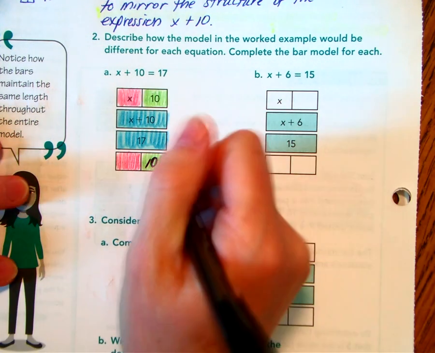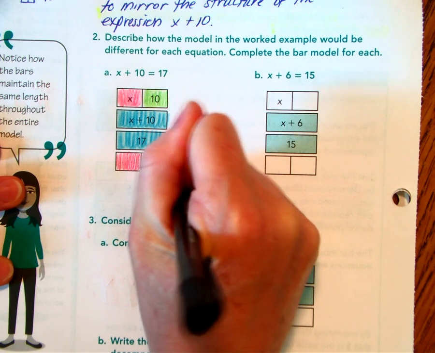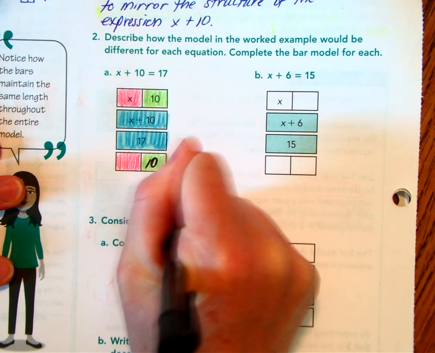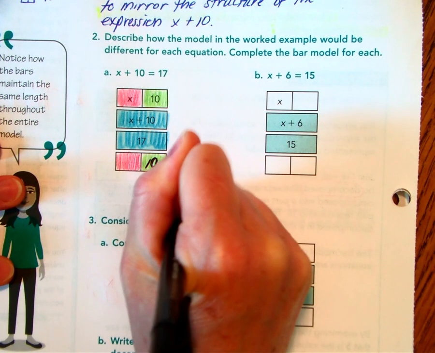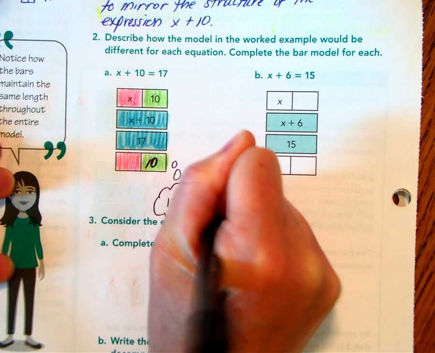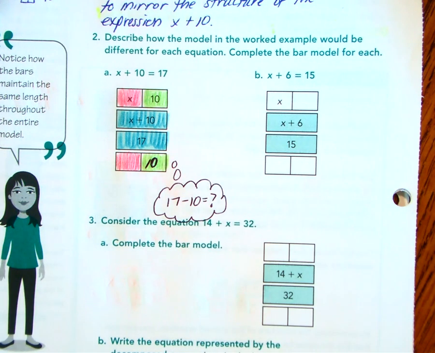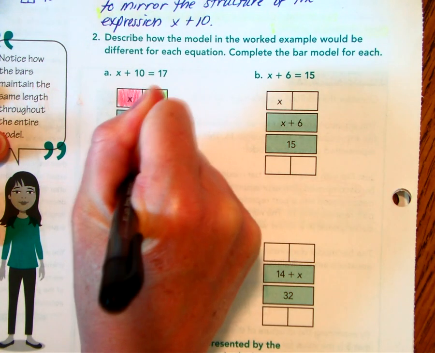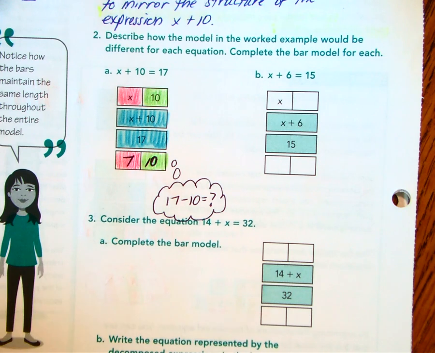What is the thinking bubble? The thinking bubble says it says 17 minus 10 equals something. I already have 10 of it. Now I need the remaining part of it. So it must be worth how much? It must be worth 7. What does that mean to us mathematically?